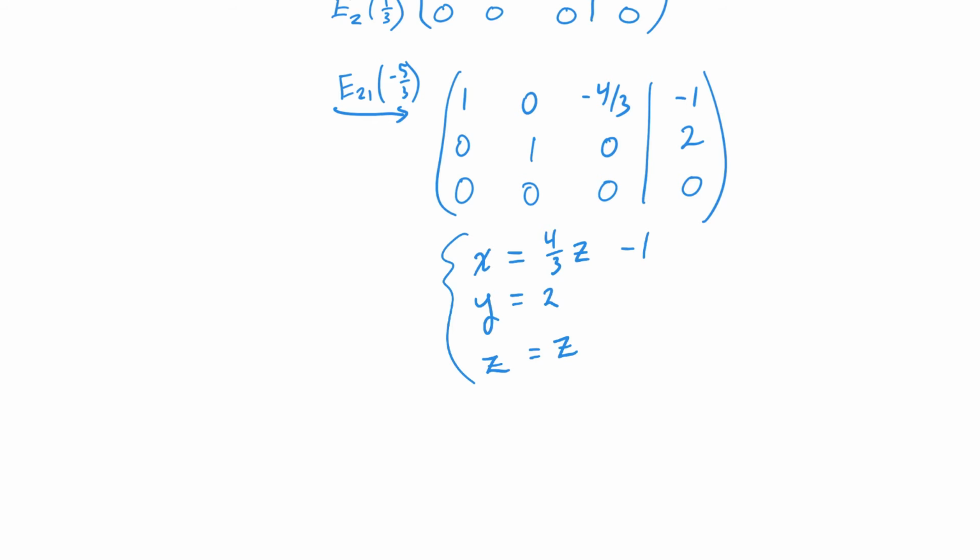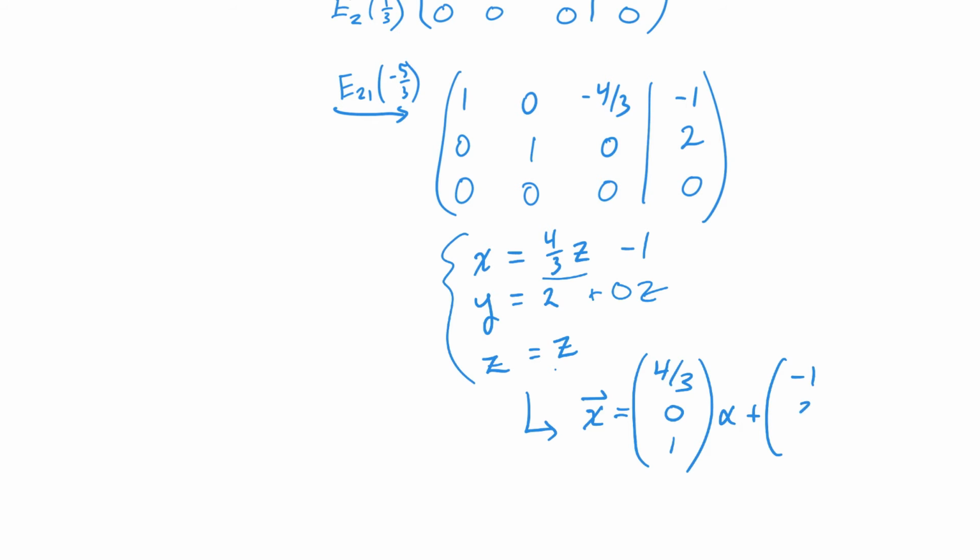And what I'll have now is x, the vector, which is x, y, and z, equals my free part, that's some arbitrary constant alpha, plus the point part, -1, 2, 0.